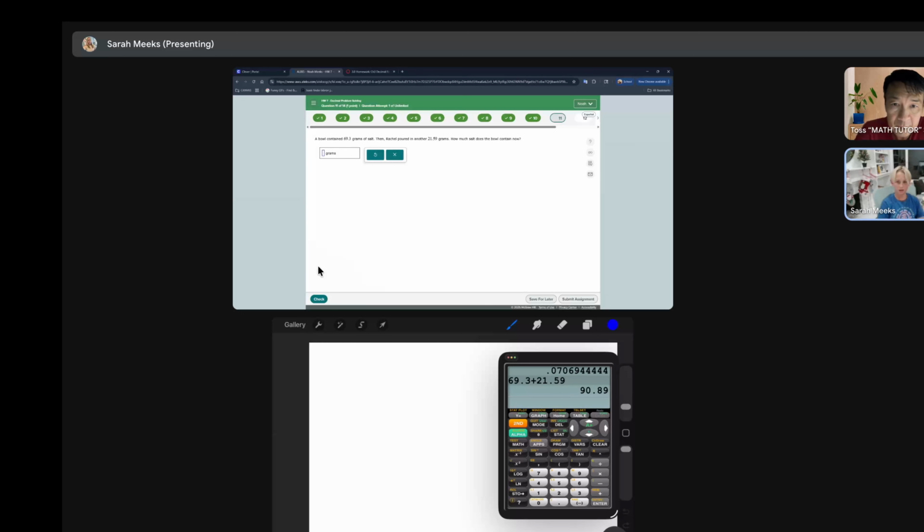Let me look at my calculator. 69.3, 21.59. So it should be 90.89, right? How much salt does it contain now? So you're right. You have to add. It looks good.